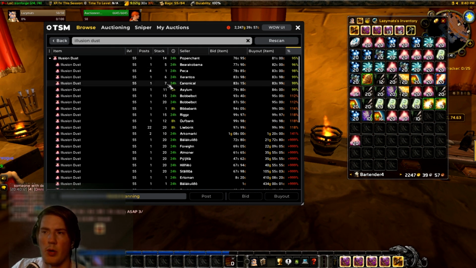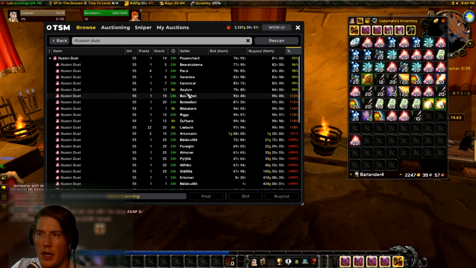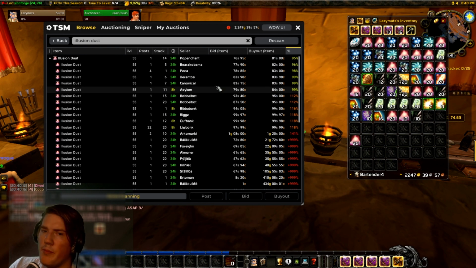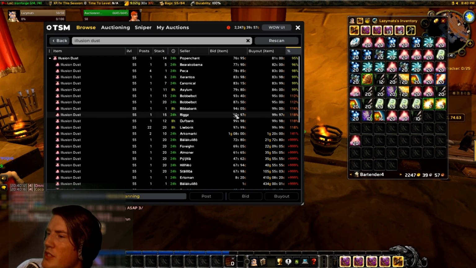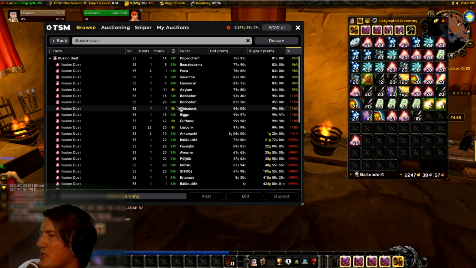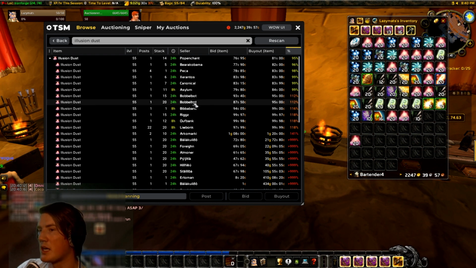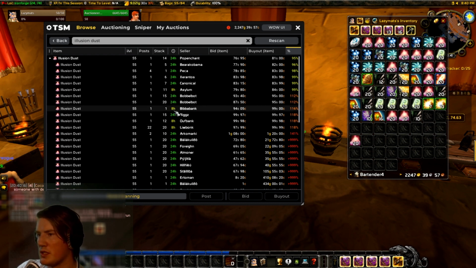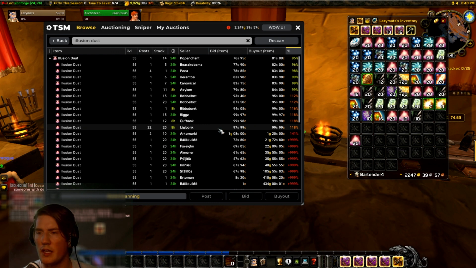If they can save a bunch of clicks by buying a little bit more expensively but getting big stack sizes, they might do it. So if I'm posting right now, I'd probably be posting at least at this price point, which is where the cheapest stack of 20 is. And I'd probably even go up here because there's only one stack of 20, because you're only directly competing with people selling in the exact same stack size.